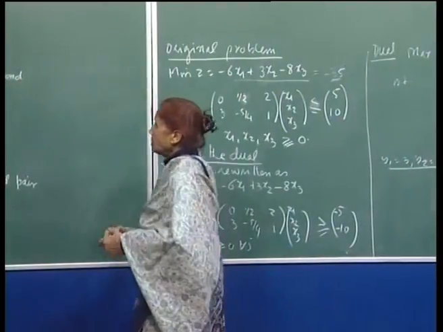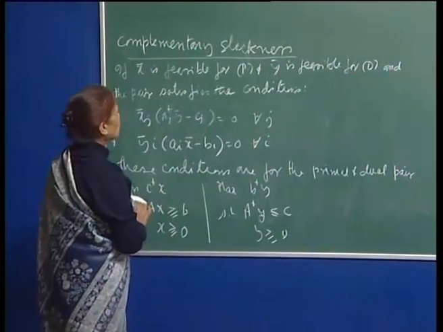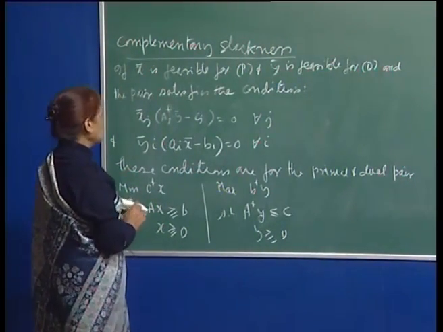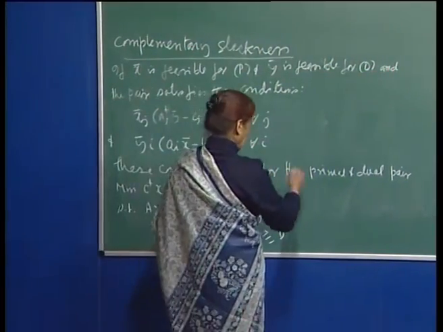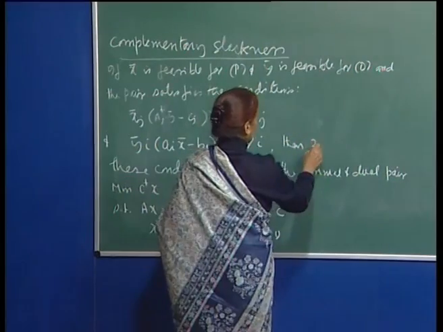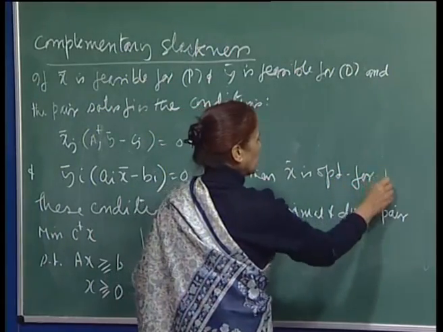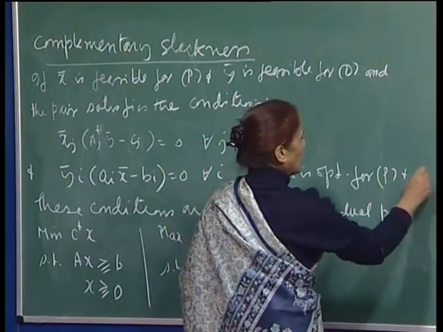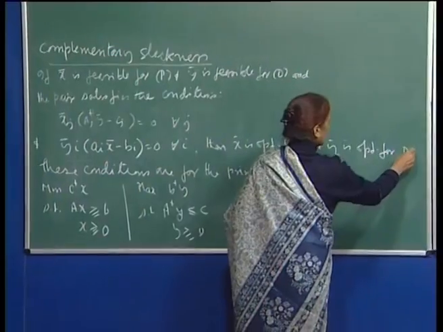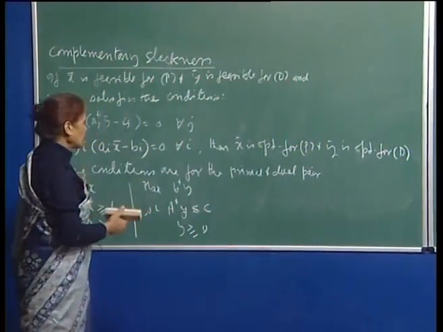Okay. Now, have I stated the theorem correctly? If x bar is feasible for P and y bar is feasible for D, and the pair satisfies this condition and this, then x bar is optimal for P and y bar is optimal for D. Okay, the converse is also true.